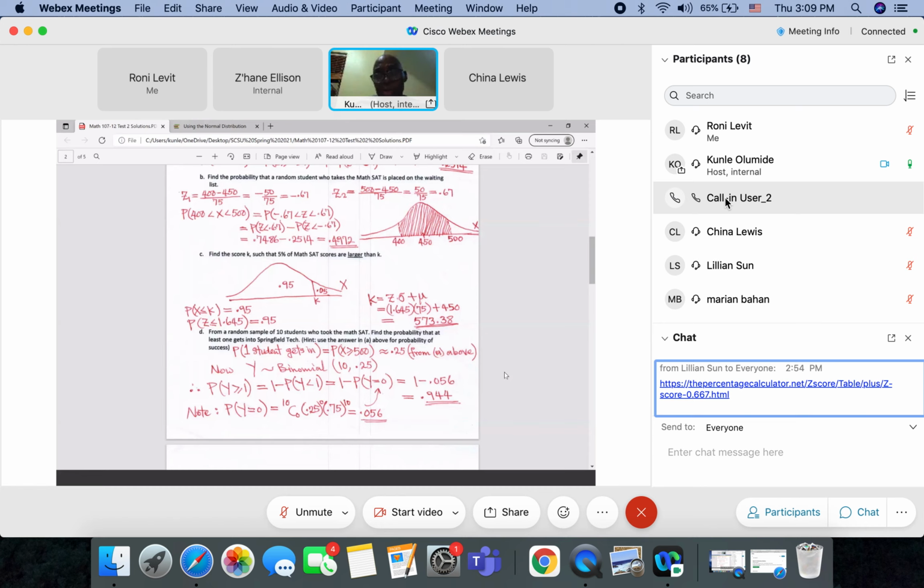It is a binomial problem, but you need to obtain the probability of success, and the probability of success is obtained from question A. There you get 0.2525 or 0.2514, then you can round it to 0.25, which is what I did. You can write the steps down and then go over it again yourself.